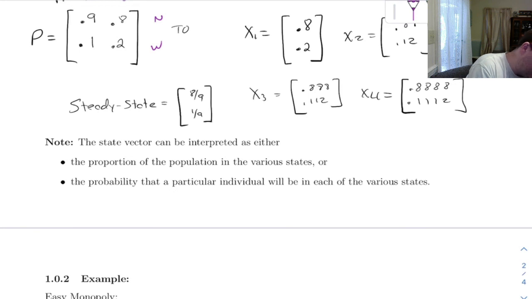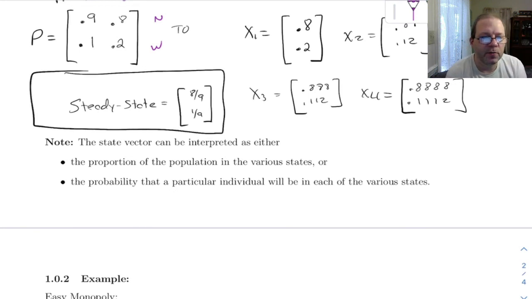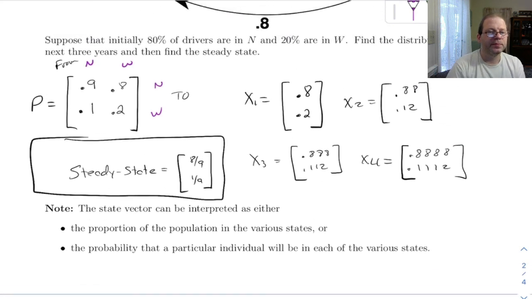So eventually this will converge to 8/9 of the people being in N, and 1/9 of the people being in W. And of course, that doesn't mean it becomes static after a while. It means people are still kind of moving back and forth, but 8/9 of them will be in N, and 1/9 of them will be in W.